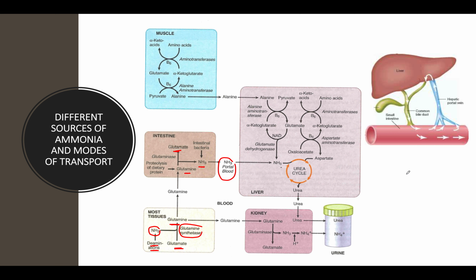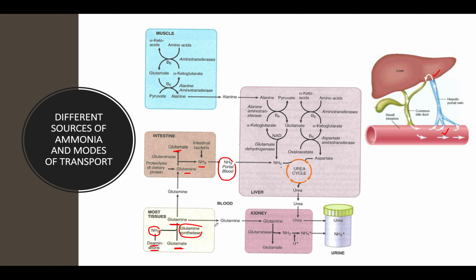What is the portal circulation? Portal circulation or portal vein is a vein that capillarizes twice, and you can see here this particular circulation is a direct connection between the liver and the intestine. So ammonia that is produced in the intestine is carried to the liver, where it goes into the urea cycle.